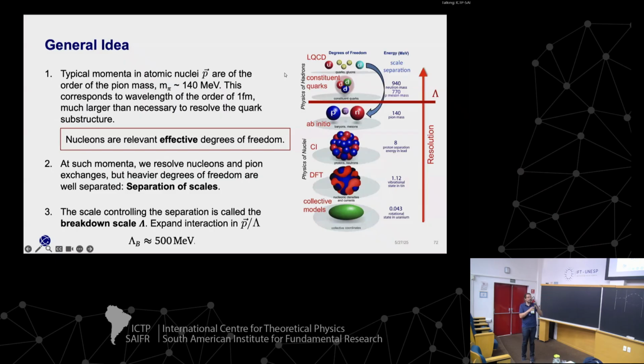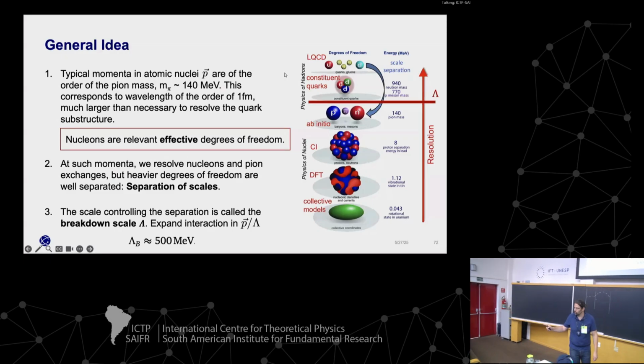So you can think of this either in momentum space, where there's a momentum scale at which your theory breaks down, or in coordinate space, where there's a distance below which the interaction breaks down. So there's a duality between momentum and coordinate space. But since it's a momentum expansion here, I will use momentum space. I will actually talk more about what you just said later.